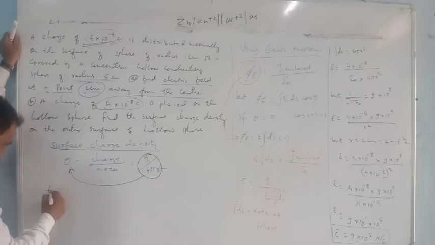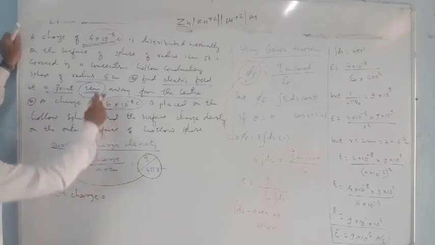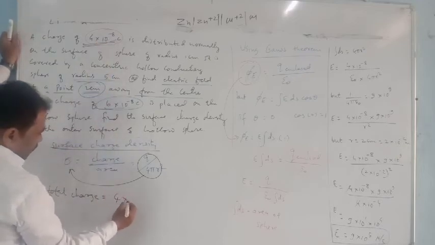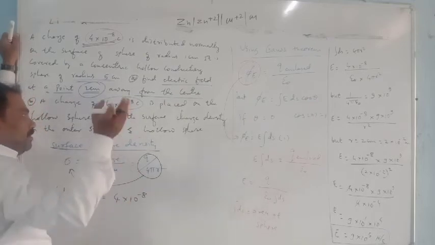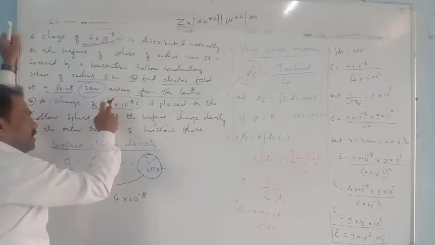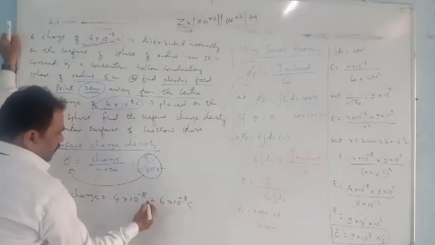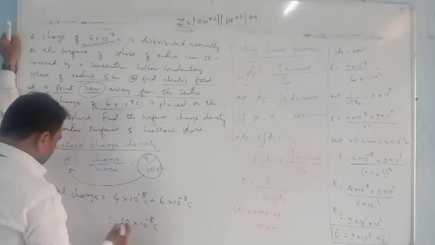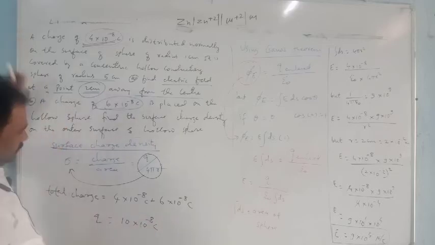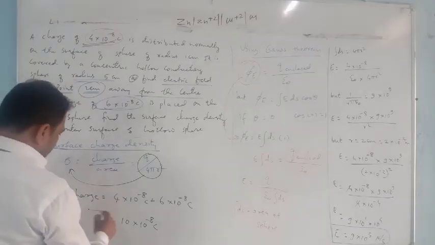So we can write here the total charge will be: the initial charge is 4 into 10 to the power minus 8, and we are introducing another charge also, that is plus 6 into 10 to the power minus 8 coulomb. So the total charge we get is 4 plus 6, 10 into 10 to the power minus 8 coulomb. The value of total charge is 10 into 10 to the power minus 8.